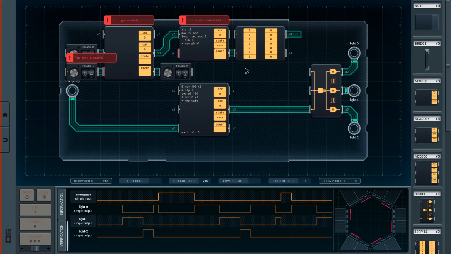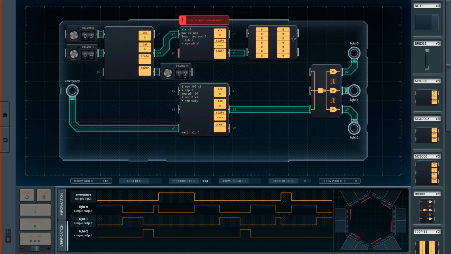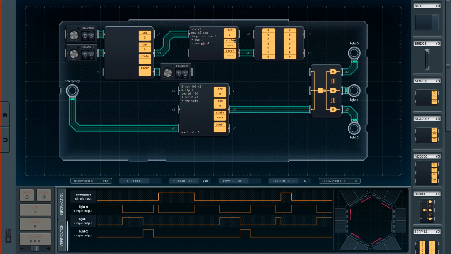Okay, so now routing becomes an issue, yes, but probably a very solvable one. Hold on, pin type mismatch. No, X0 is here. X1 is here. P1. I can move you over a bit more, I think. Will that solve my problem?